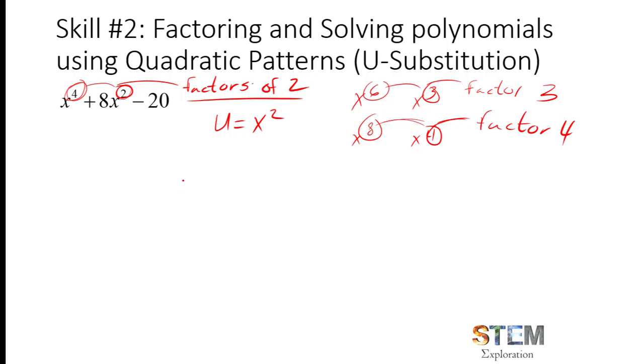Well, if we see quadratic patterning, this allows us to take this really gross quartic polynomial and rewrite it as u squared plus 8u minus 20. So now we took this really gross polynomial and turned it into a quadratic trinomial, which is much easier to process and analyze than the quartic one.